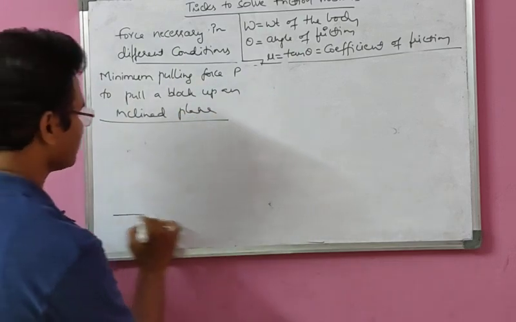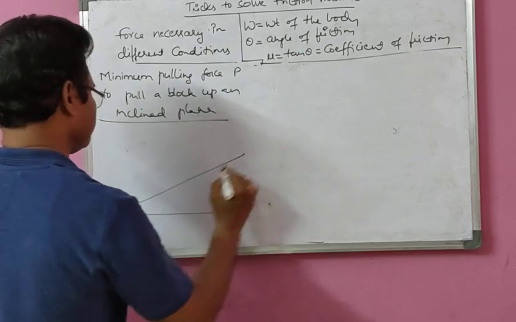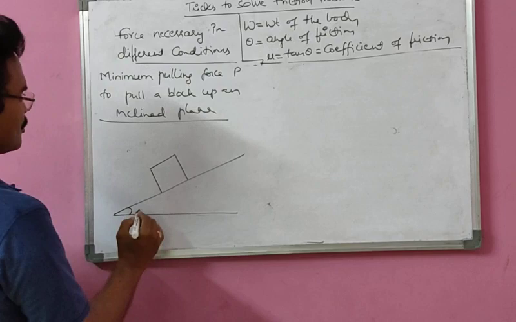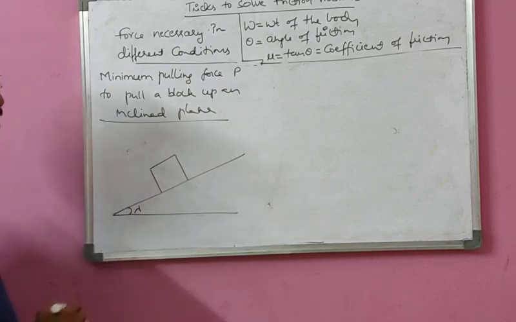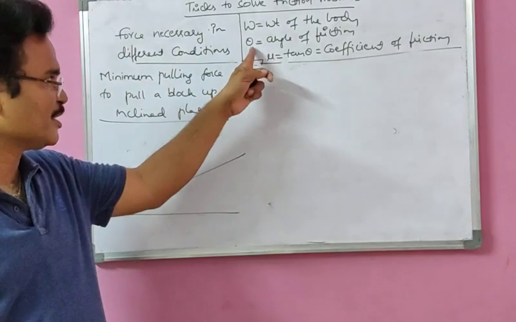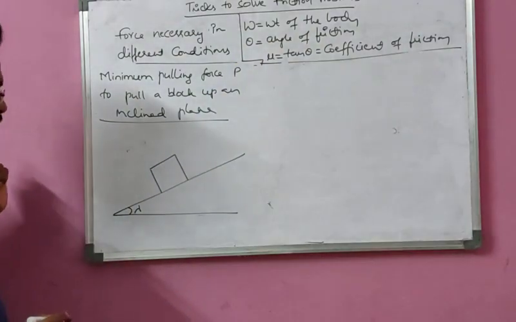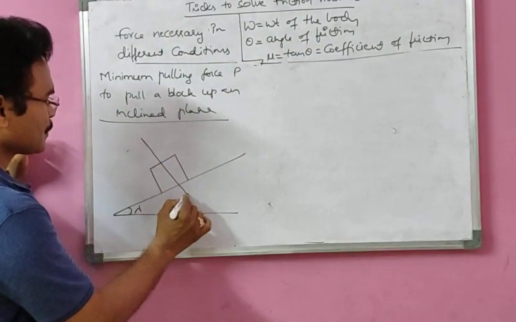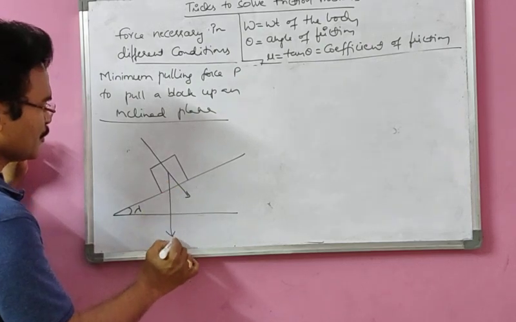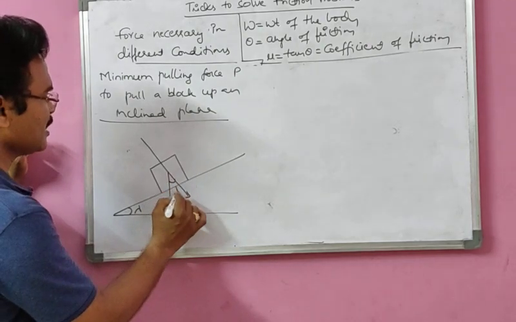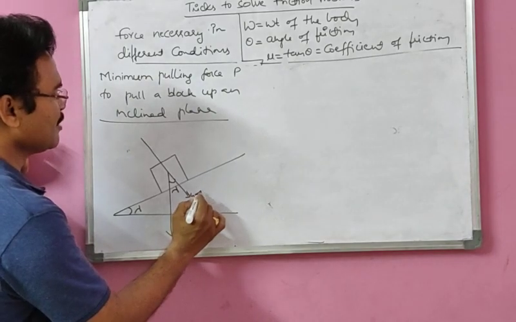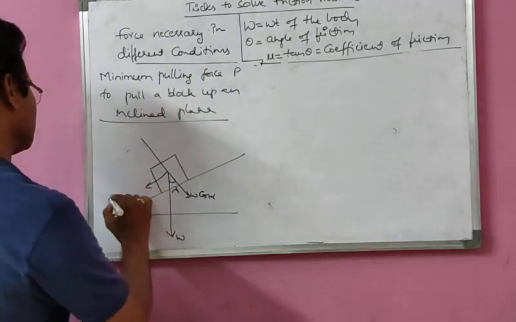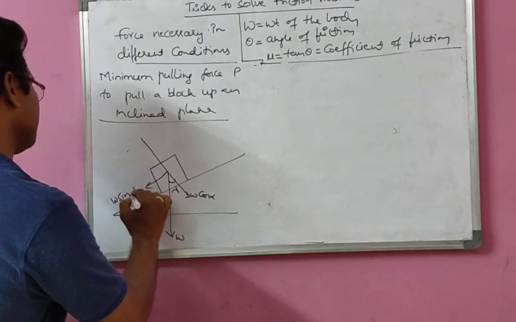So here the situation is like this. I'm taking lambda as the angle of the incline. Why? Because here we already took theta as the angle of friction. So you know this is W, this is lambda, this is W cos lambda, and this is W sin lambda.